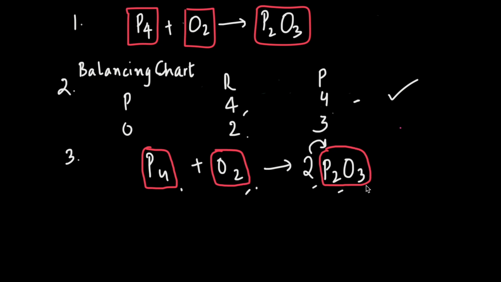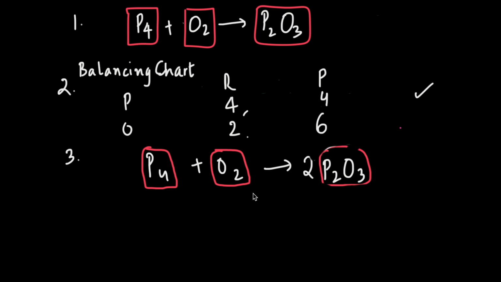And here on the product side, inside the box, we have 3. But everything on the outside gets multiplied by everything on the inside. That means total number of atoms of oxygen are now 6. So we're going to make this little correction here. We're going to write 6 on the product side.